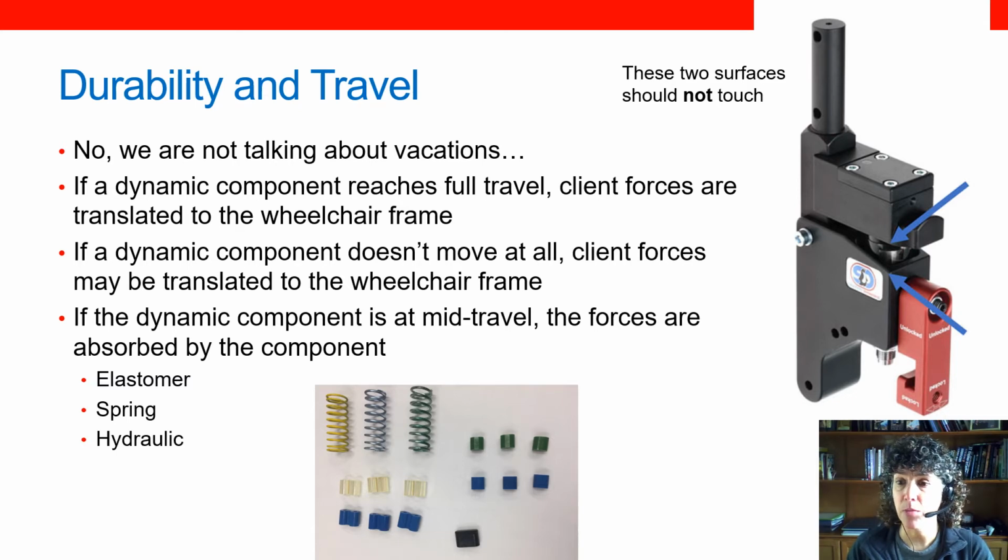If the dynamic component doesn't move at all, perhaps the resistance is too high, we may have a similar result. But if that dynamic component is allowed to hang out kind of mid-travel, then the dynamic component can do its job, it can absorb forces, and that will either be an elastomer, a spring, or a hydraulic.